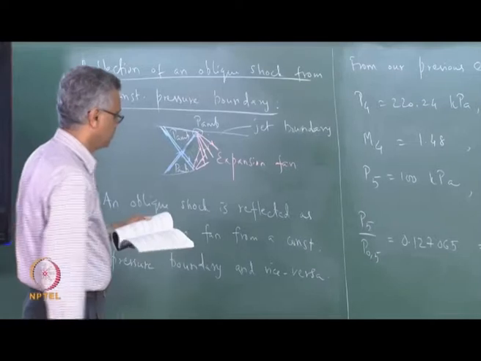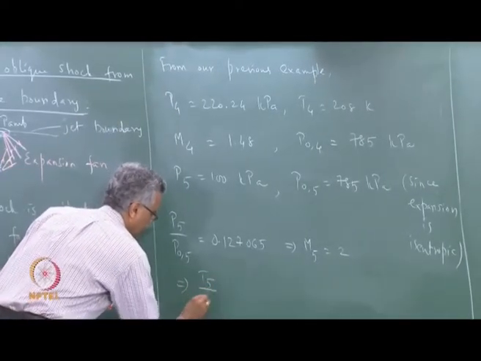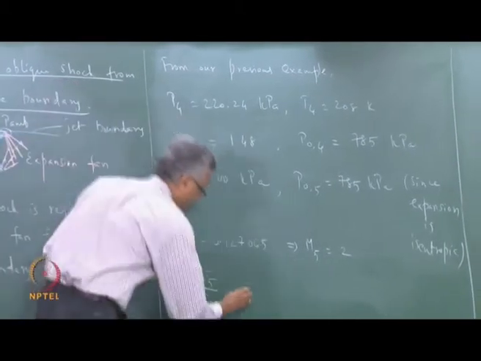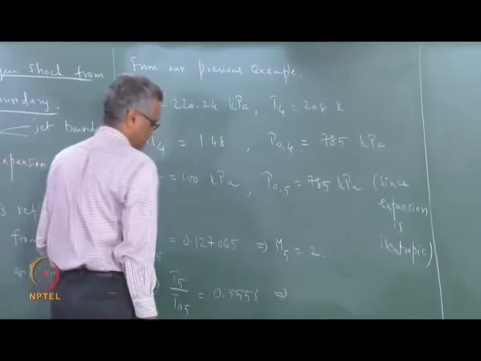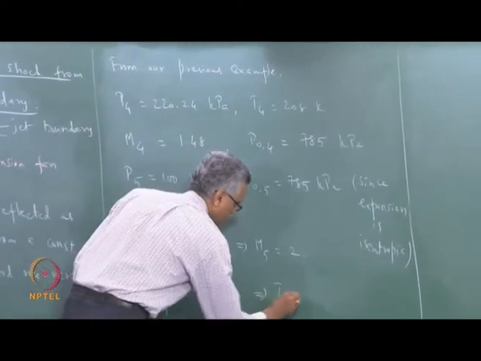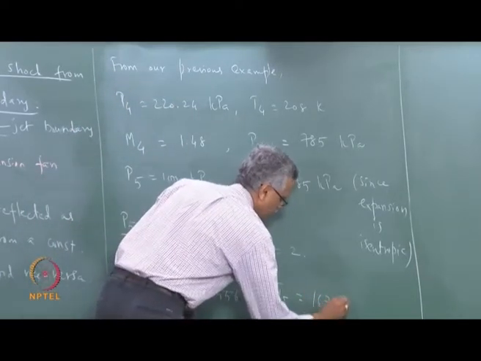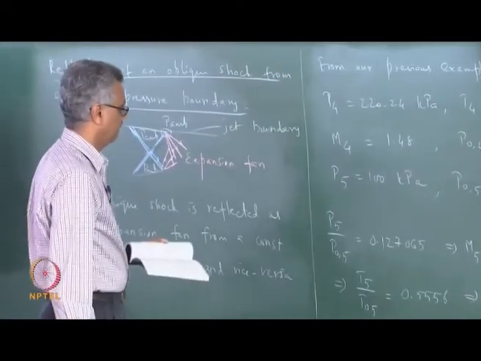T05 is 300 Kelvin. So, from the tables I can get T5 over T05 is equal to 0.5556. So, this implies that T5 is equal to 167 Kelvin, since T05 is equal to 300 Kelvin. That was given at the beginning of the problem.